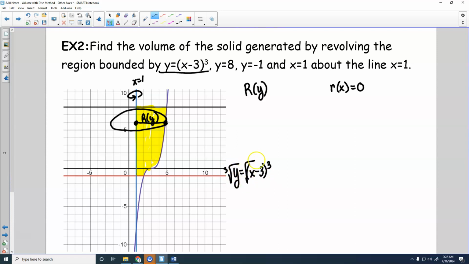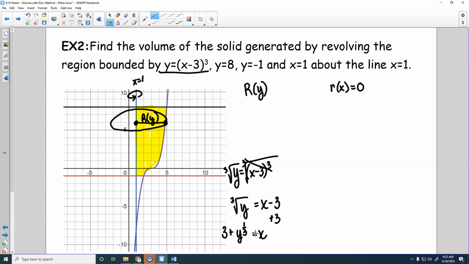We'll cube root. So I've got cube root of y equals x minus 3, and then I need to add the 3. I'll put the 3 up here. So actually, I am going to do y to the 1/3 instead of cube root. It's easier to type in the calculator with a y to the 1/3, and I'm going to use the calculator here.